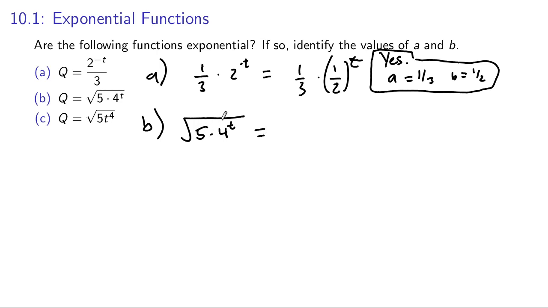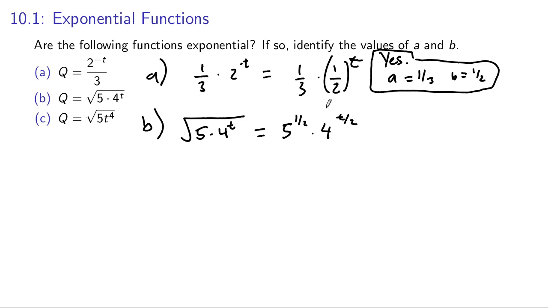We can think of this as to the 1/2. We can then use the rule about common exponents to get 5, where we take the exponent of each, 5 to the 1/2 times, and then we use the common power rule where you multiply the exponents. For 1/2 times t is t over 2.